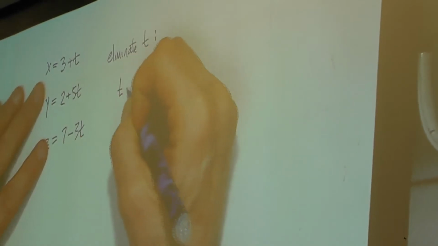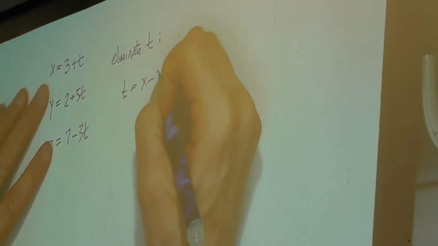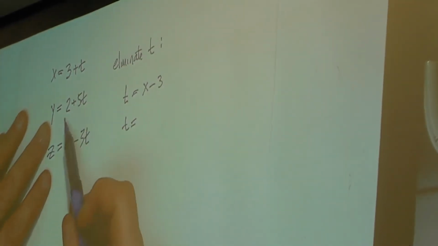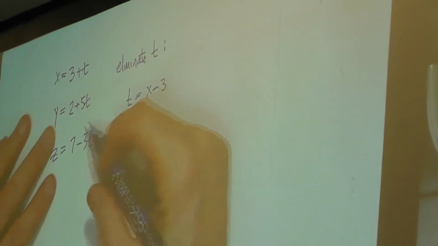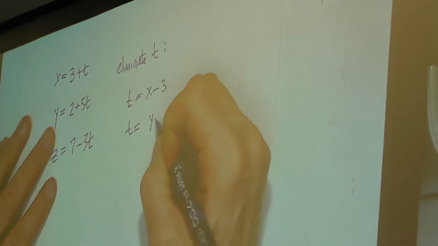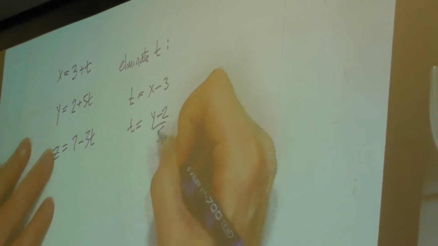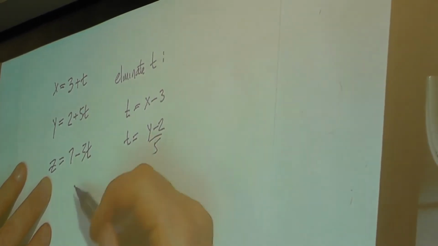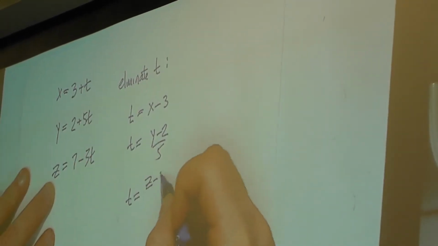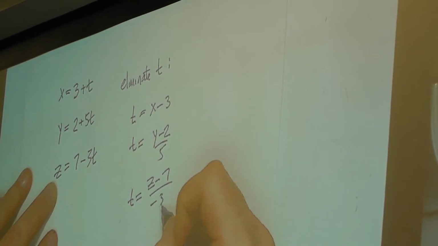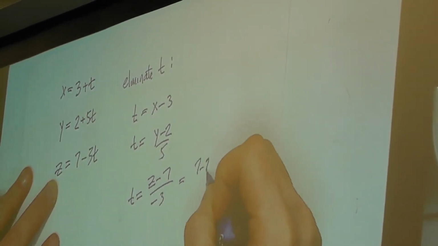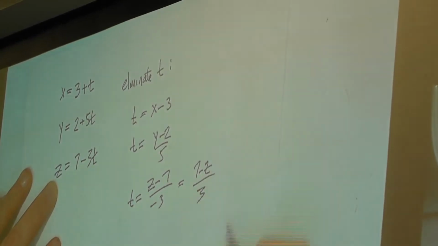I can solve and I would get t equals x minus 3 from the first equation. From the second equation, I would get t equaling y minus 2 over 5, and then t is equal to z minus 7 over negative 3, which I guess would be easier if I wrote 7 minus z over 3.